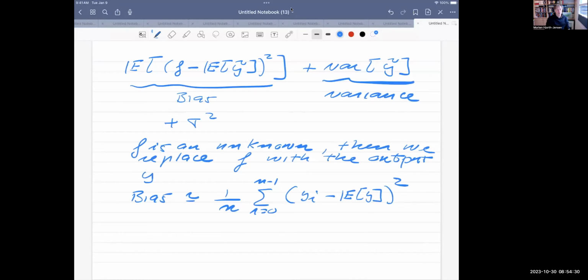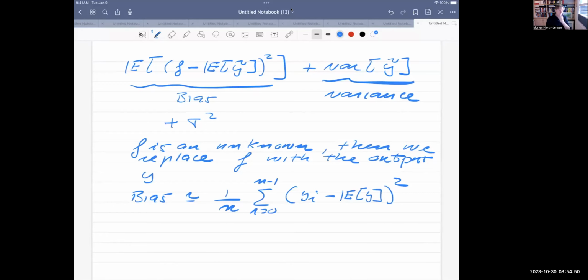So this is the bias. You can say that it measures a kind of deviation between the mean value which the model provides and the data set which we want to produce. So f is unknown. In all actual calculations, we therefore approximate f with the output data itself.